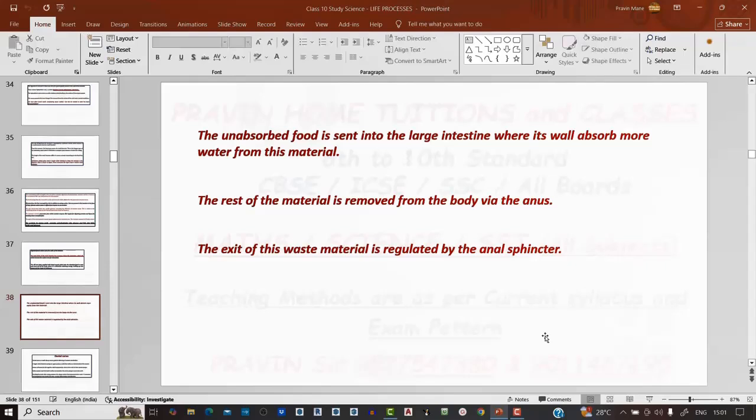The unabsorbed food is sent to the large intestine. In the large intestine, any water present is absorbed from the waste material, and the rest is biological waste which is harmful to the body, and is removed from the body via the anus.